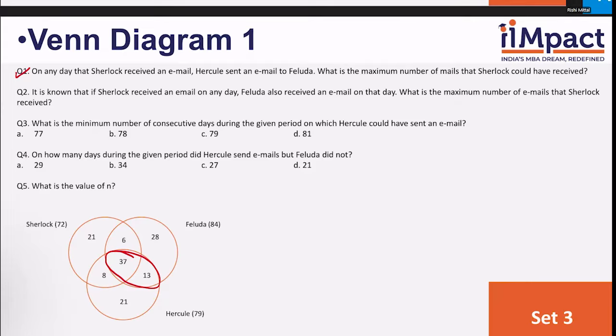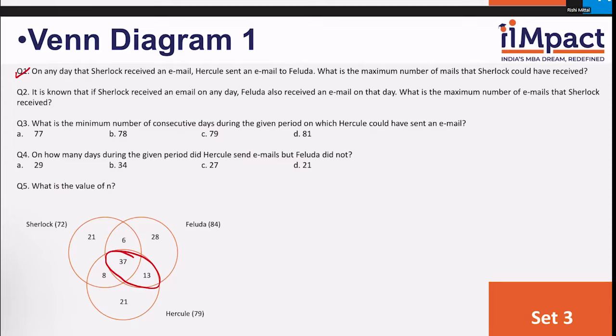Question number two. It is known that if Sherlock received an email on any day, Feluda also received an email on that day. Okay. But we have no information about the senders. So it's possible that Sherlock and Feluda were sending to each other, right? It was possible that all three of them were sending to each other, correct? So we don't know.